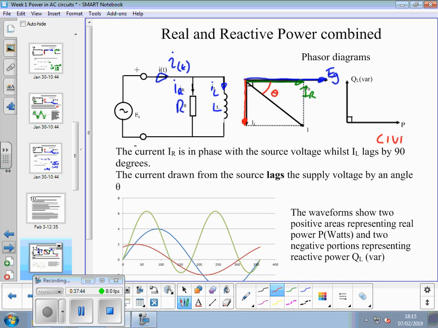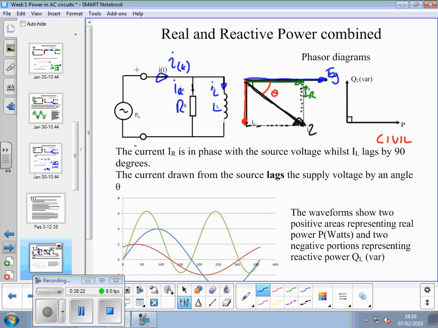See, IV, IL. I got that the right way round. Yeah, I've got my current lagging the voltage in an inductive circuit. So, the actual current that flows here, IT, the total current being drawn from the generator, comes from completing this parallelogram of this phasor diagram, and is in there.